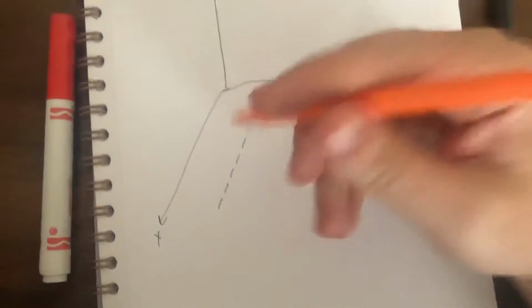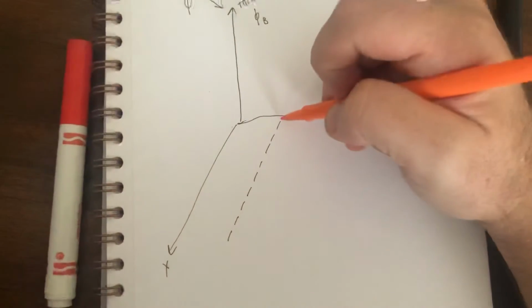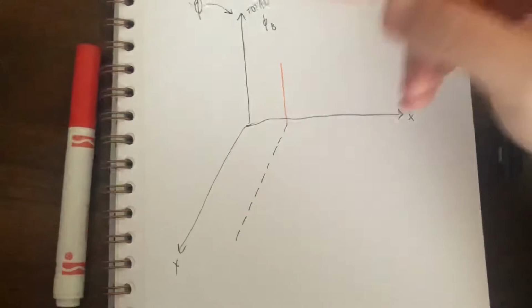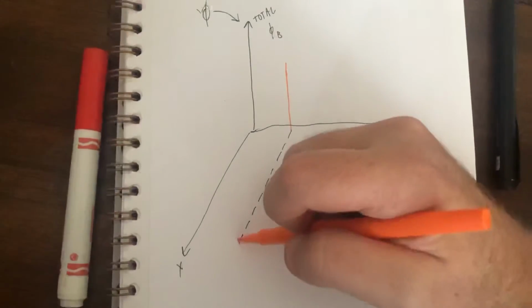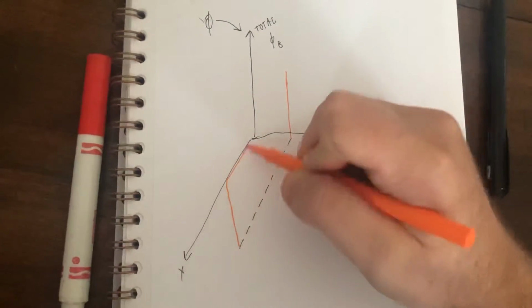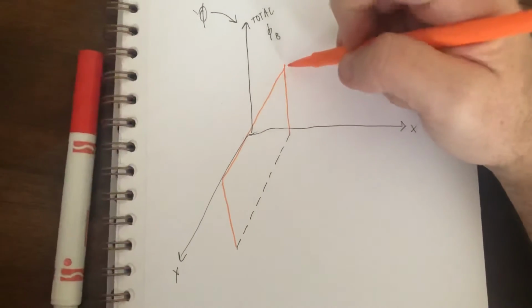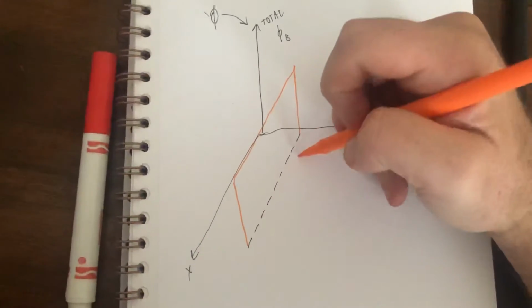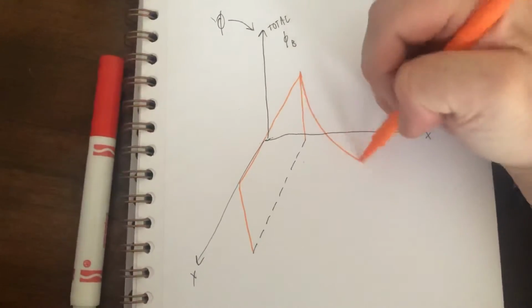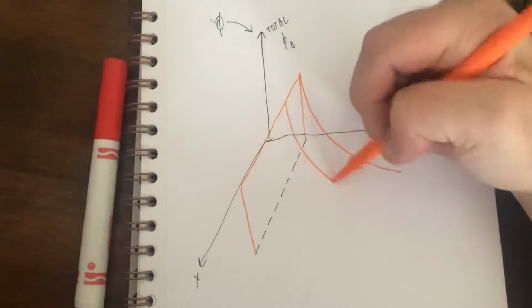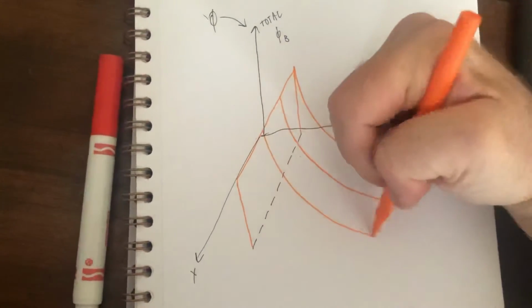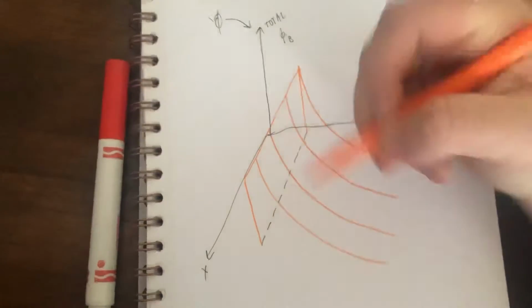If we were to plot the amount of magnetic flux of that power line, it would form a surface that would look something probably like this. Right? It would kind of go like that, and then the highest value would be directly adjacent to the power line, and then it would sort of drop off. I hope you can see my ugly 3D drawing, but it would drop off like this.